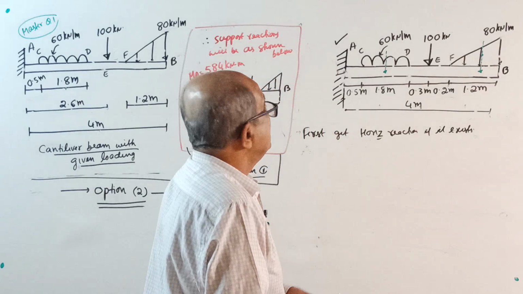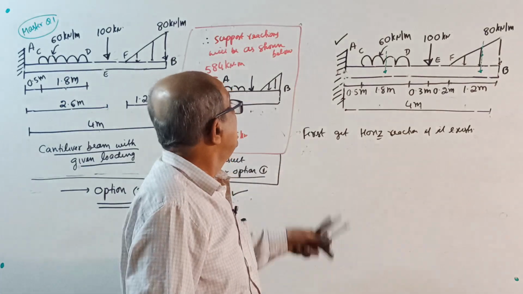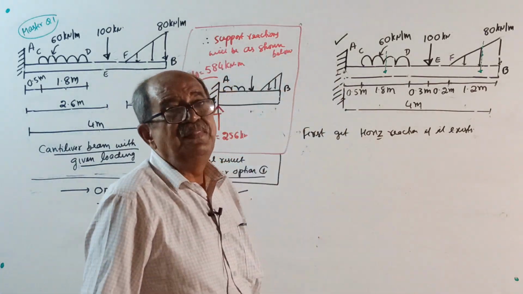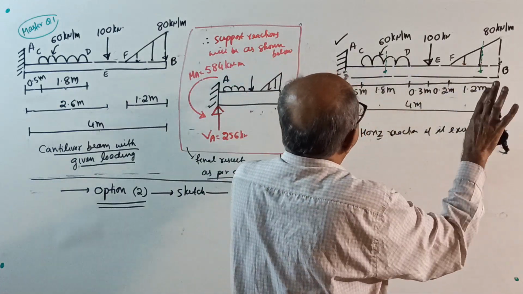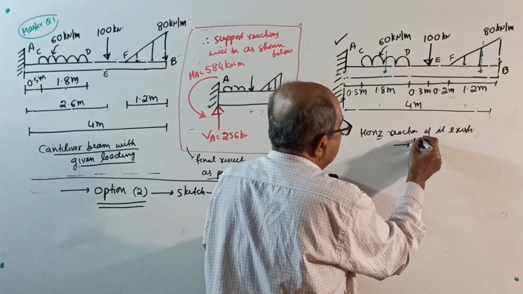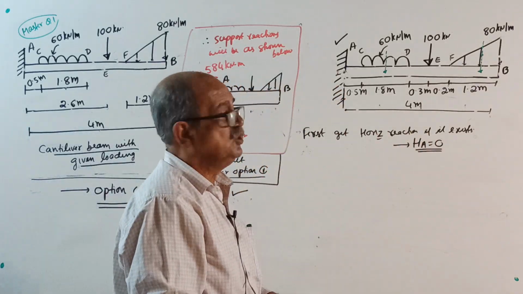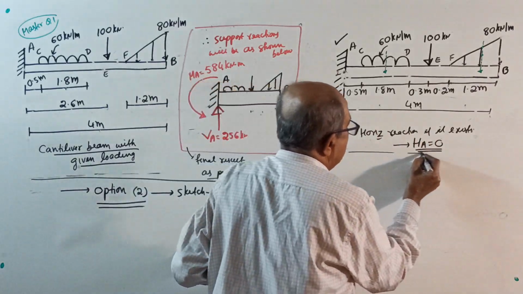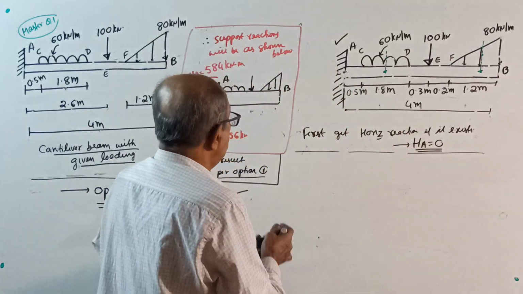Fixed support can give horizontal reaction. Reaction will come when there is an action. These are all actions. No action, nothing. Therefore, horizontal reaction at A equals 0. You write it. Over.